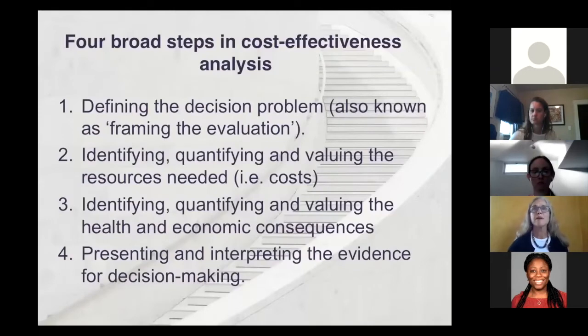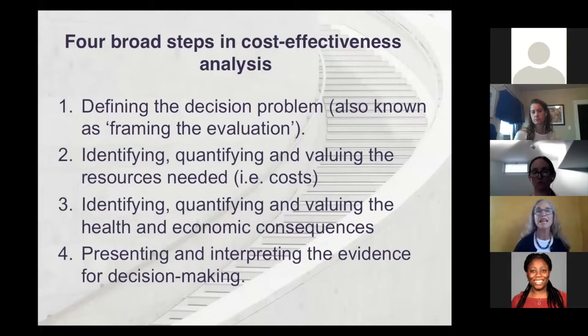There are 4 broad steps in conducting a cost effectiveness analysis or cost utility analysis or even cost benefit analysis. We will be going over these in greater detail and how we've used these in the Seams Nutrition approach. But basically, you have to frame the evaluation. What is your decision question? You have to identify, quantify, and value resources needed. You have to quantify and value health and economic consequences.